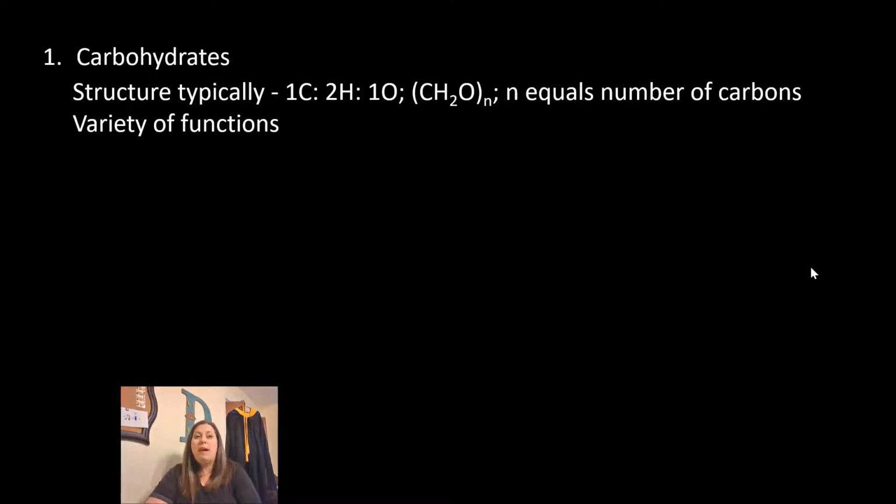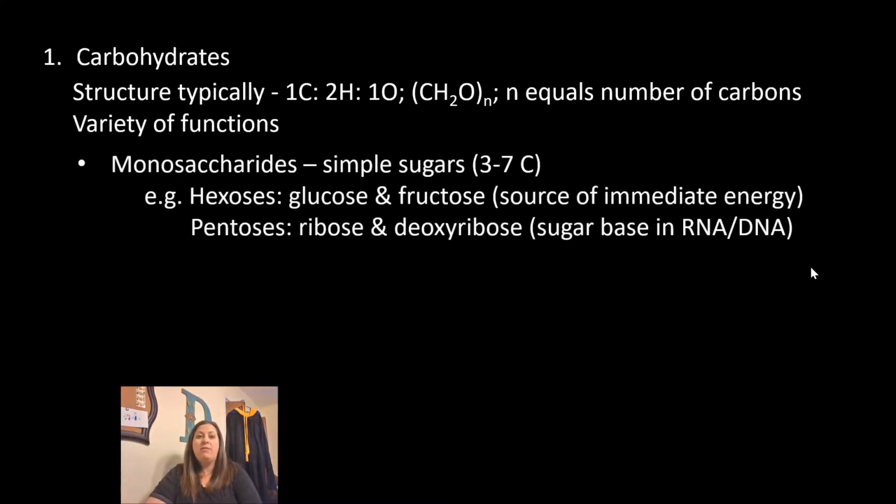Now, carbohydrates do have a variety of functions. First, monosaccharides are the simplest sugars. They have anywhere between 3 to 7 carbons. One of the most common are the hexose sugars, glucose and fructose, and hexose tells you that they have 6 carbons.